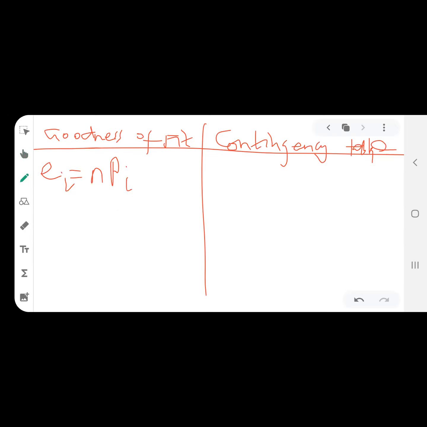For chi-square, I mean to say for contingency table, your Ei will be given by RT times CT over n. Listen carefully here. Ei denotes the expected frequency. RT, this R stands for row, RT is the row total. T stands for total.